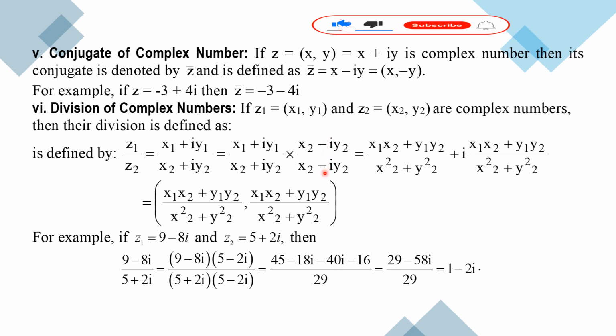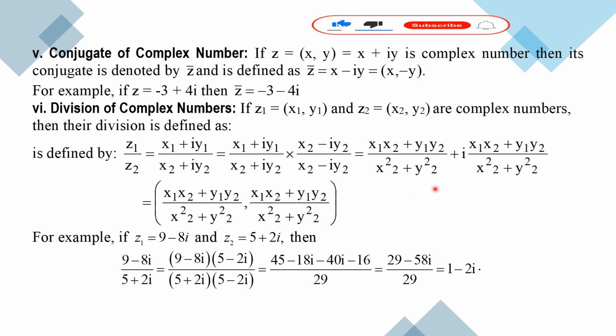Multiply these two complex numbers in the numerator: x1 x2 plus y1 y2. In the denominator, using the formula (a plus b)(a minus b), it becomes x2 square minus iota square y2 square. Here minus iota square, minus minus, becomes plus. Similarly x2 square plus y2 square.